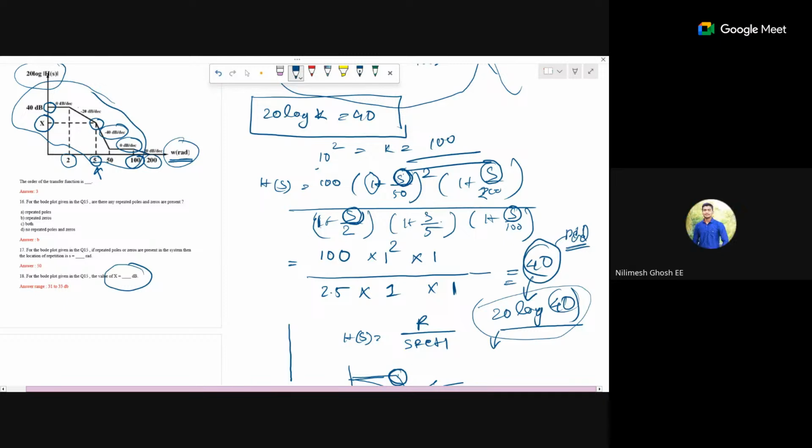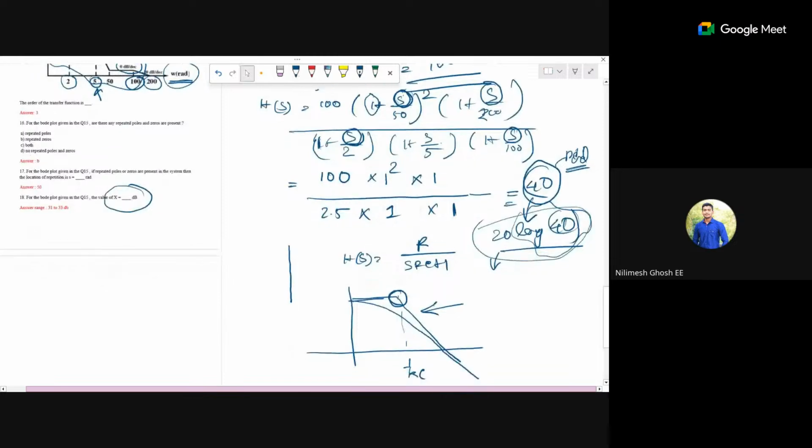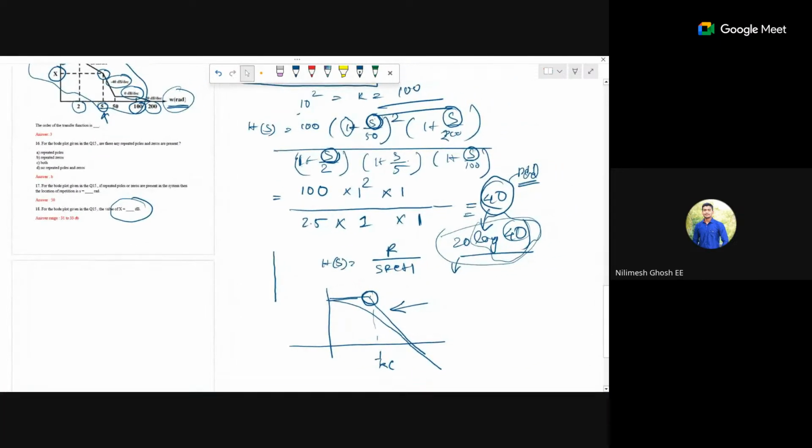Then we need to know log 4, which is log 2 to the power 2, so 2 into log 2. What is the log 2 value? Sir, log 2 is 0.3, we have to remember. There is a scientific calculator, no need to. Okay, that's all for this.